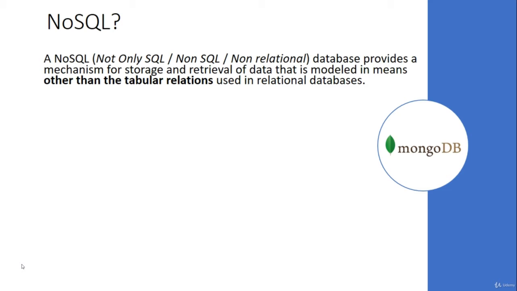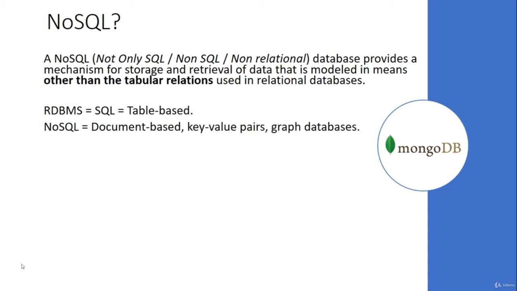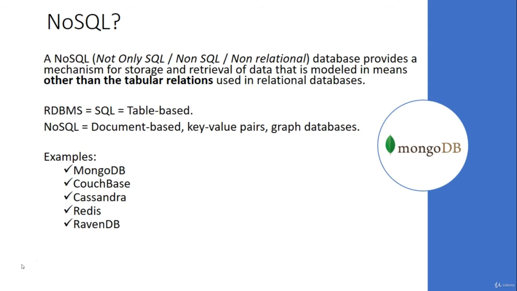But this has nothing to do with the table. RDBMS equals SQL equals table based. NoSQL equals document based, key value pairs, and graph databases. Examples of NoSQL databases: MongoDB is the most popular one, Couchbase, Cassandra, Redis, and RavenDB.